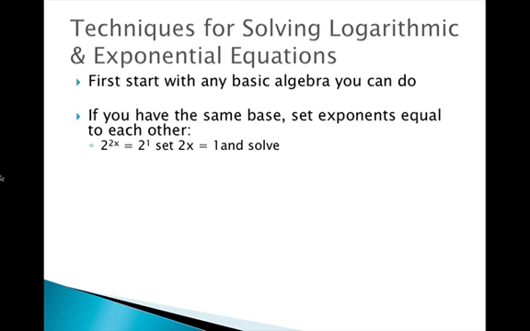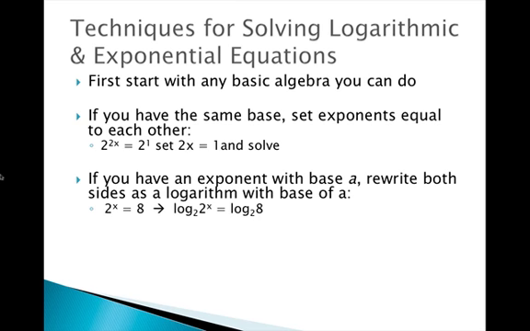The next technique is if you have an exponent with a base of a, and a could be any base, rewrite both sides as a logarithm with that base. The reason we're doing this is that we want to cancel out our exponent. So we have an exponential equation with a base of 2 here. We can rewrite this as log base 2 of 2 to the x equals log base 2 of 8.